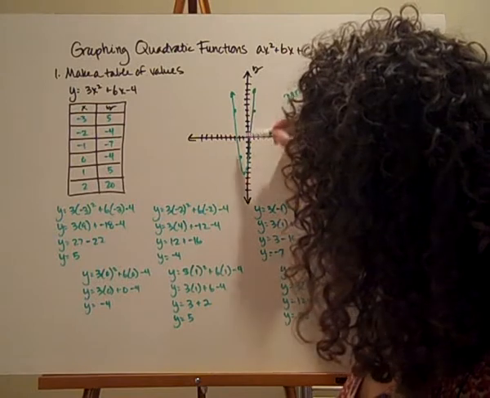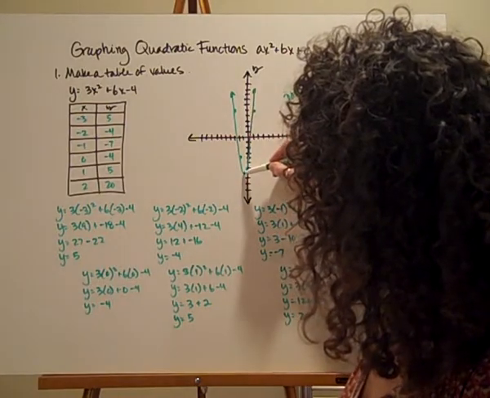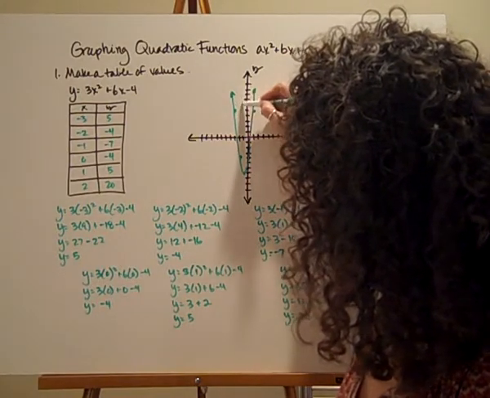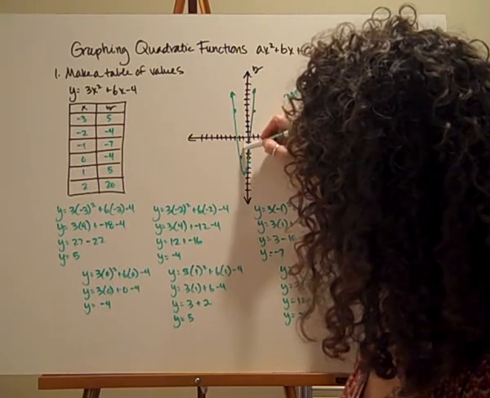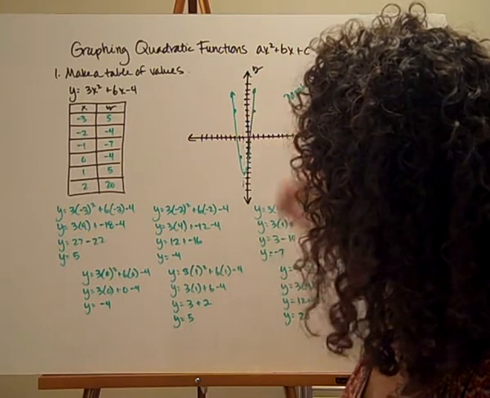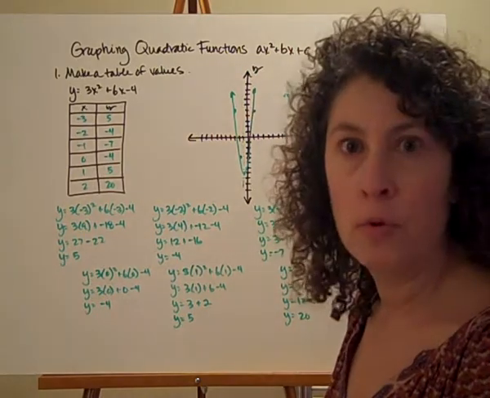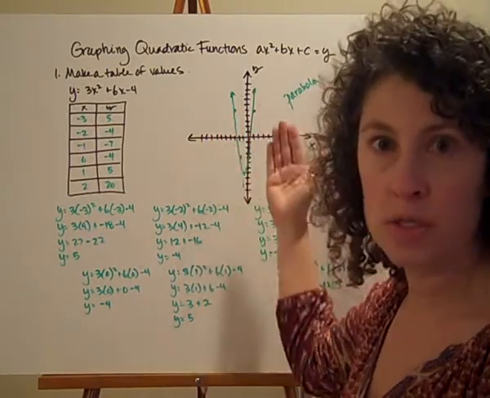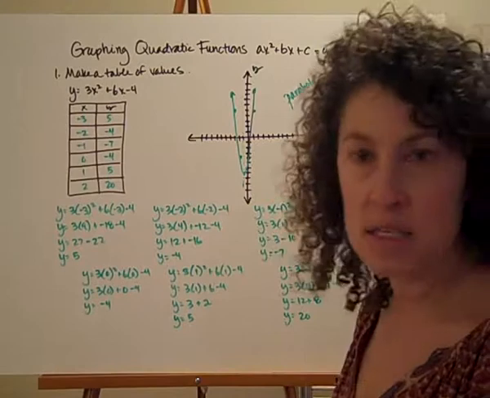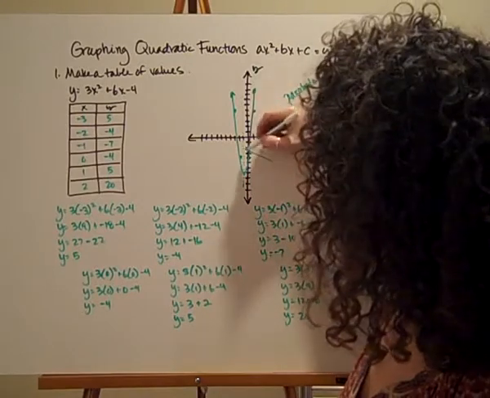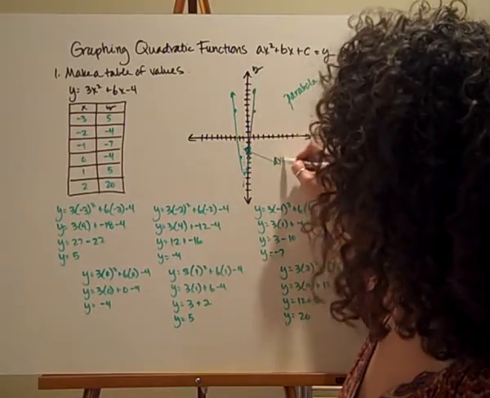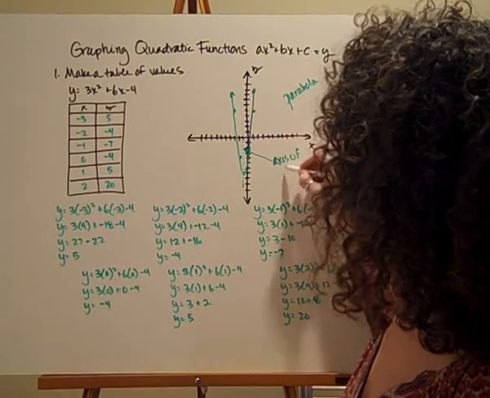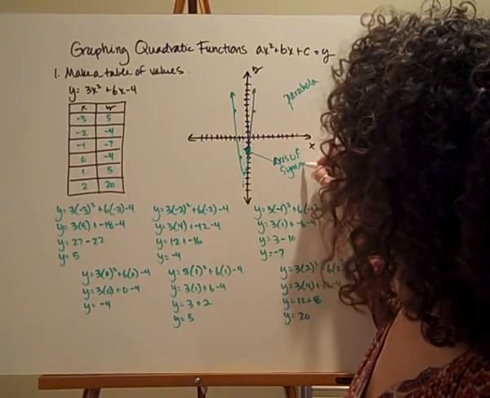So the line of symmetry here is right in the middle. It actually goes right through this point right here. So we have a line of symmetry that goes vertically through my parabola, so that what's on the left is symmetrical to what's on the right. And this is called the axis of symmetry.